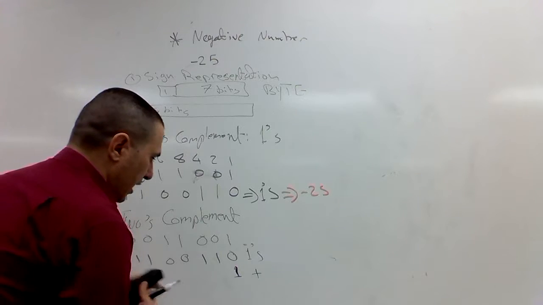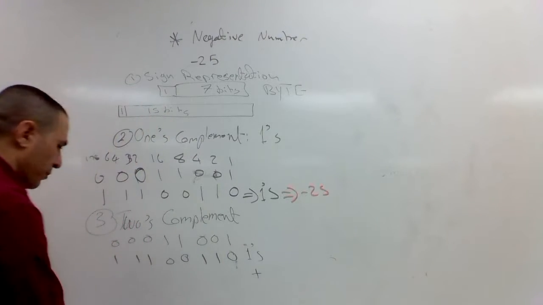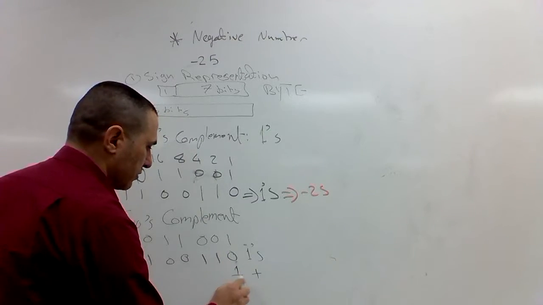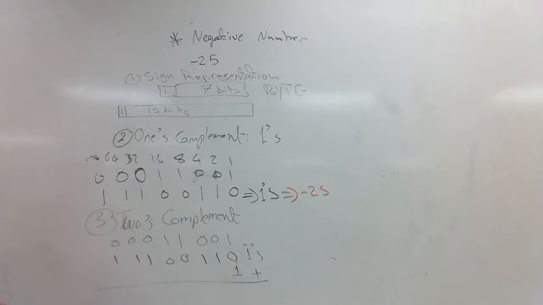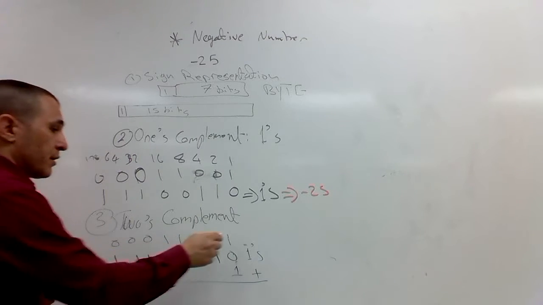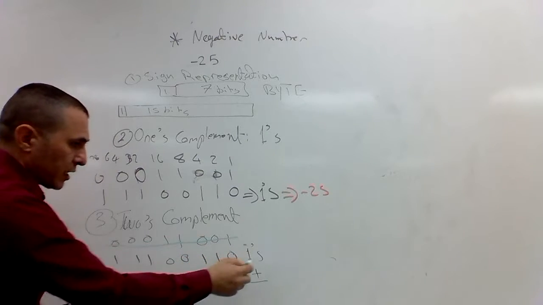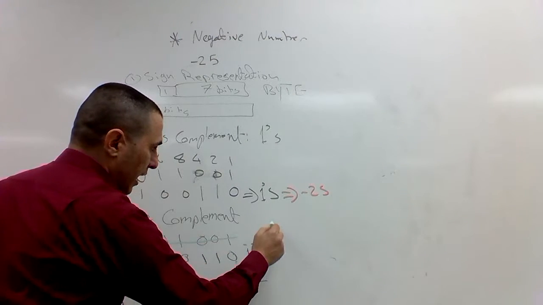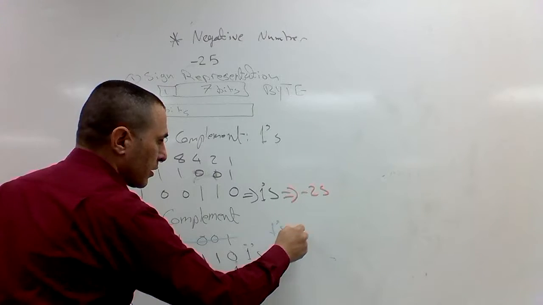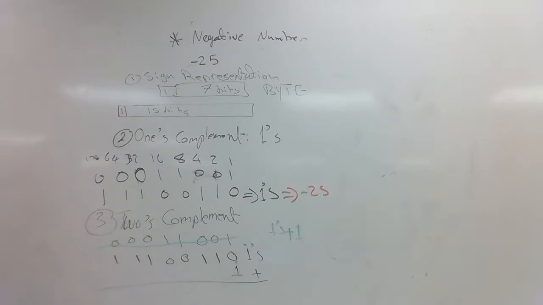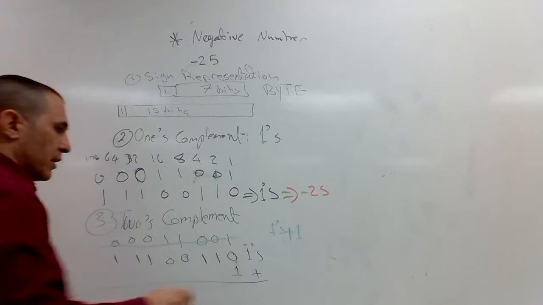By adding this one, this solves the problem of negative 0 and positive 0, which means having two representations for one number. Be careful, we don't use the 1's complement. The 2's complement is finding the 1's complement plus 1, and I add 1 to it.